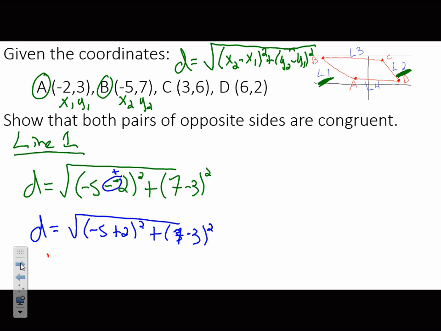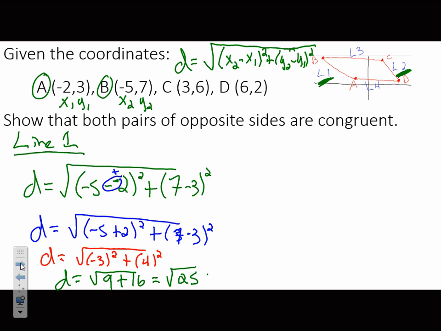Simplify this up, I get the square root of negative 3 squared plus 4 squared. Negative 3 squared is a positive 9, plus 4 squared, which is 16, which is the square root of 25, which equals 5.